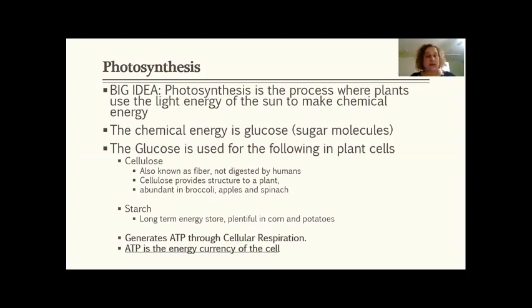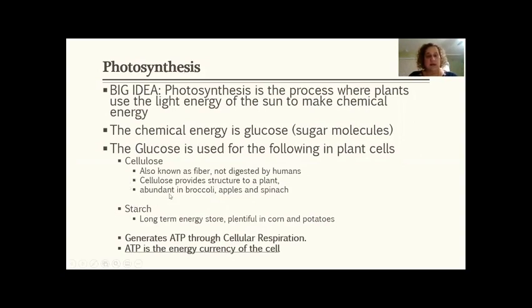It's abundant in healthy vegetable matter that you would eat, such as broccoli, spinach, apples, oatmeal. All of that contains a lot of cellulose. Okay, and once again, glucose is that 6-carbon molecule that's formed into other hydrocarbon molecules within the cell.